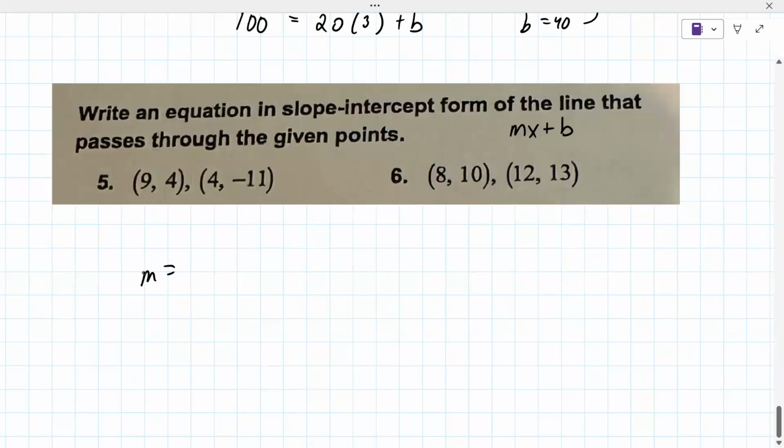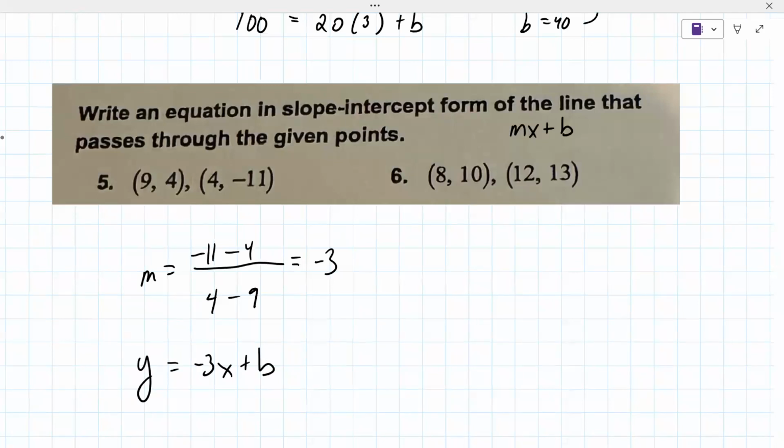Okay, so the slope for 5 is negative 3x. And negative 3, good, yep. So plug in, I'm going to do 9 and 4. So 4 equals 27 plus b.